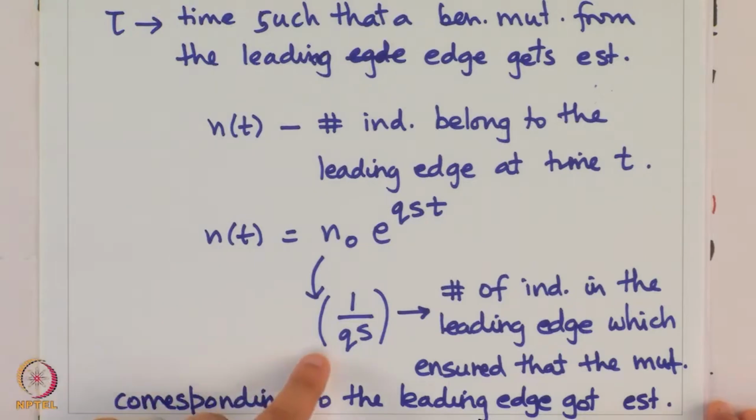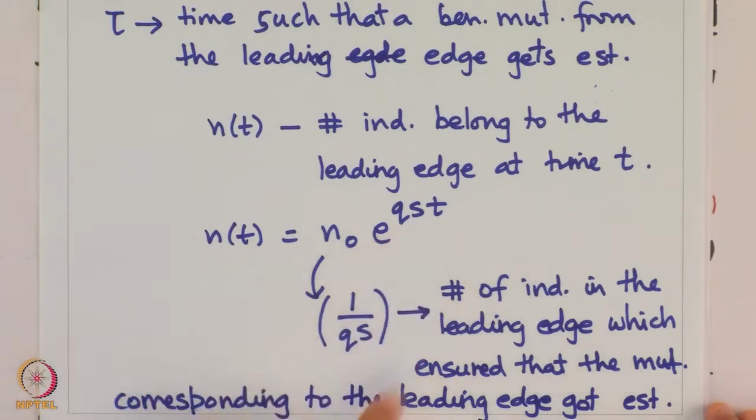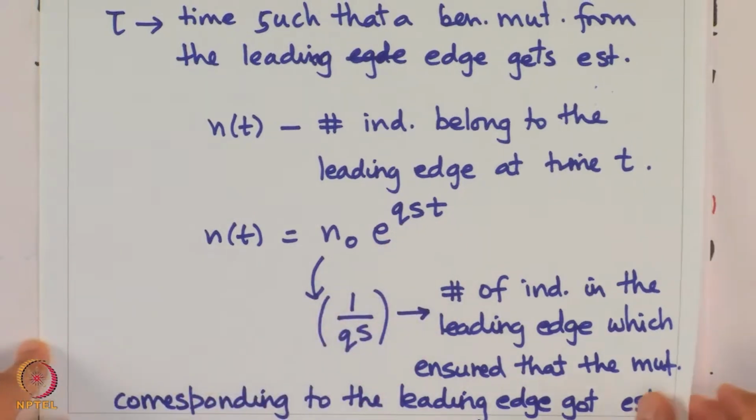And because its relative advantage over the mean fitness of the culture is QS, that's the rate that it's going to grow at.